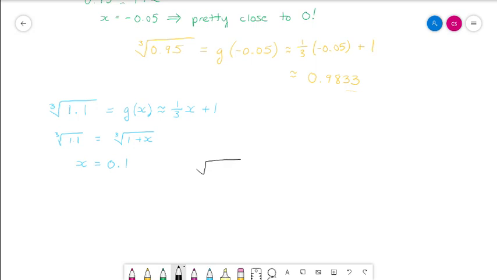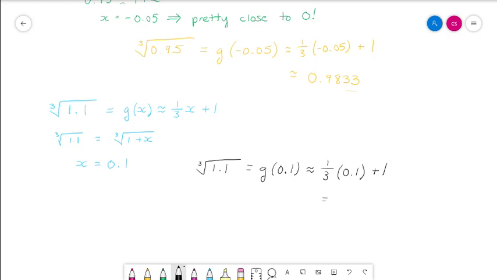Okay, so here's our thought process. We want to approximate the cubed root of 1.1. Turns out that's g of 0.1. 0.1 again is fairly close to 0. So we can say this is going to be approximately 1/3 times 0.1 plus 1.